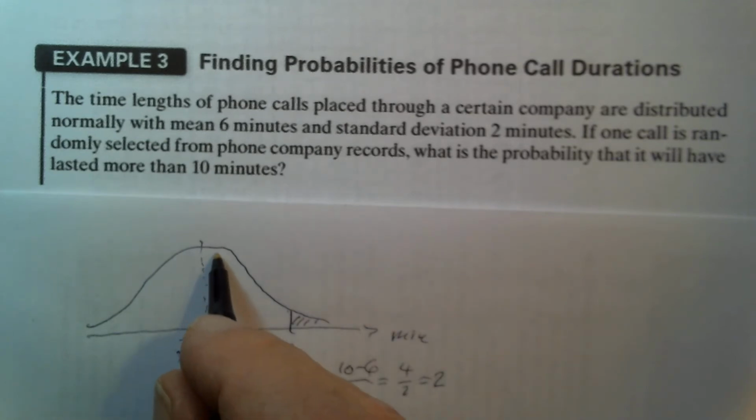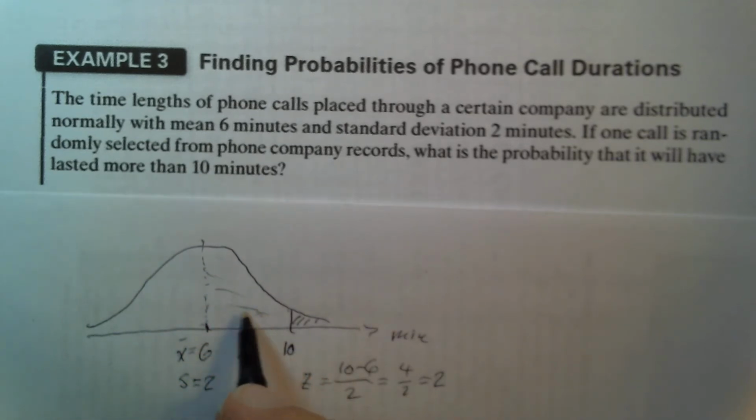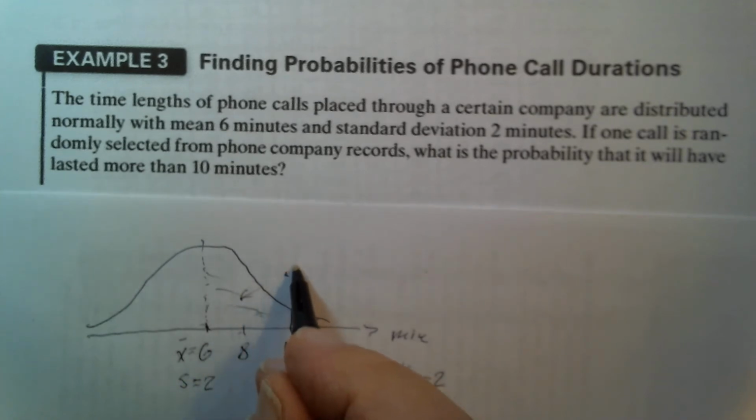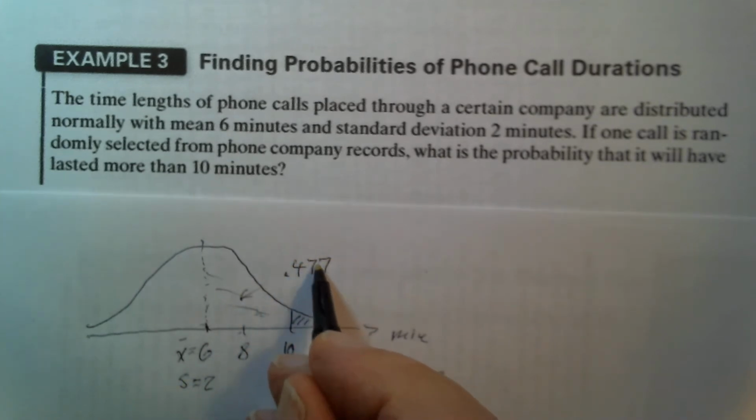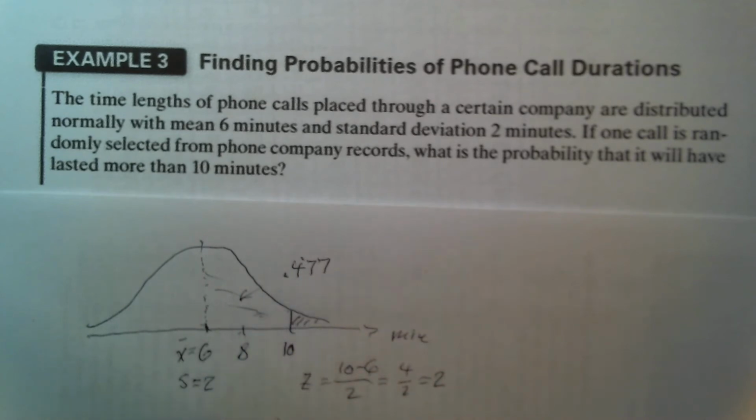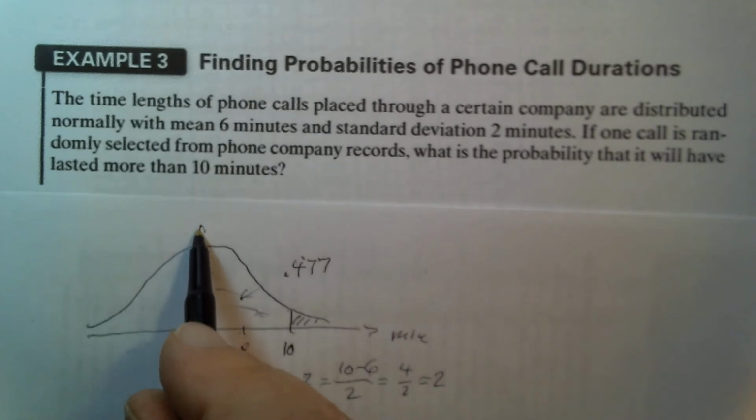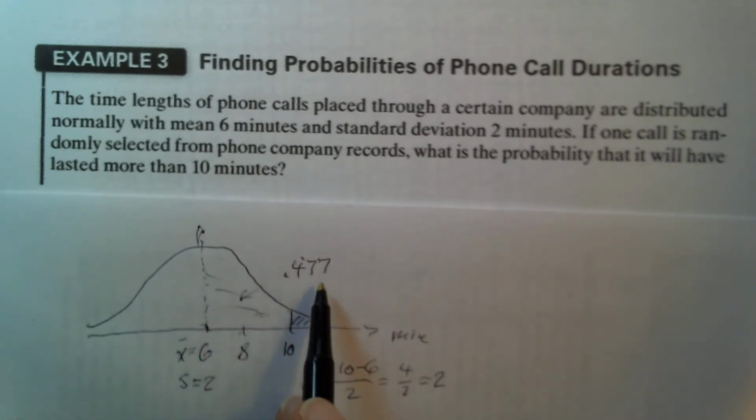In other words, this area here is equal to 0.477. If you look on table 16, look for a z-score of 2, and you would find 0.477. Now, the way it's going to help us is that we know that half the area under the curve is on the right side, half the area is on the left side.